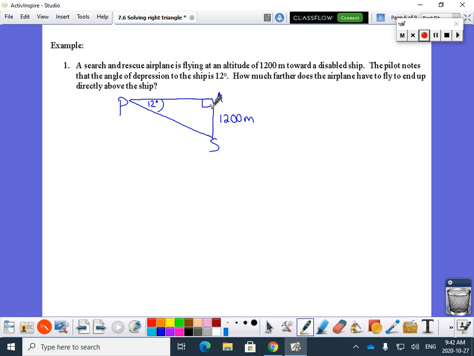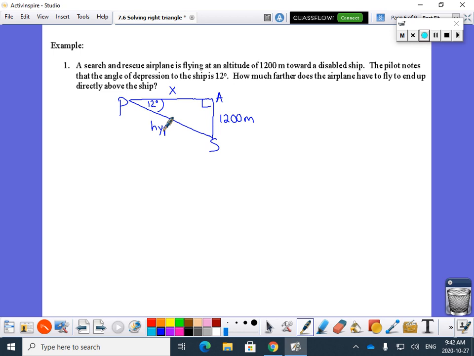And we want to know how much further the pilot needs to fly in order to get to be above the ship. P to A. Does that make sense? So it's just picking out the right information. So I'm just going to label that X because that's what we want to know. This side we know is hypotenuse because it's opposite the right angle.